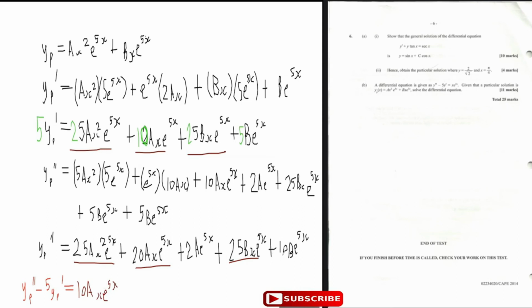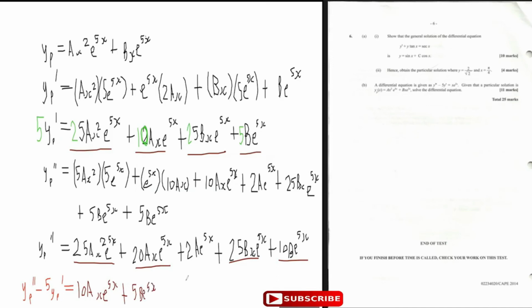All right, what else? Now this right here, which is 10b e to the 5x minus 5b e to the 5x will leave me back with 5b e to the 5x. And I think I have, what else is left back?